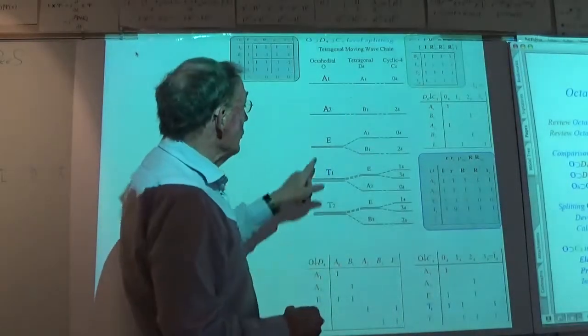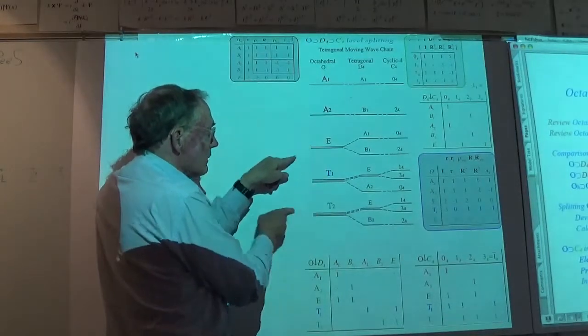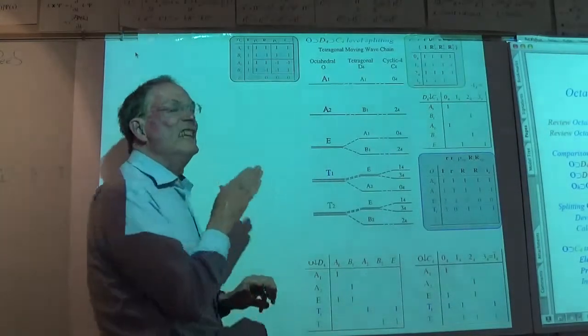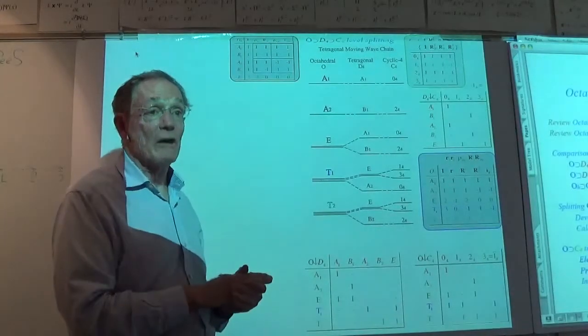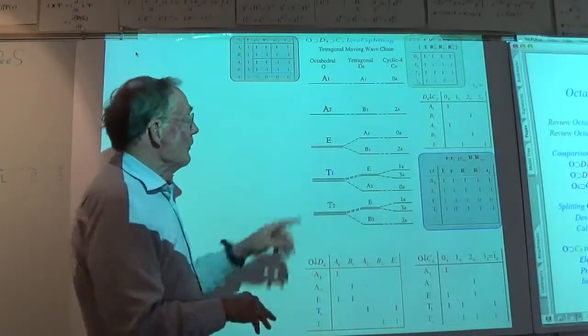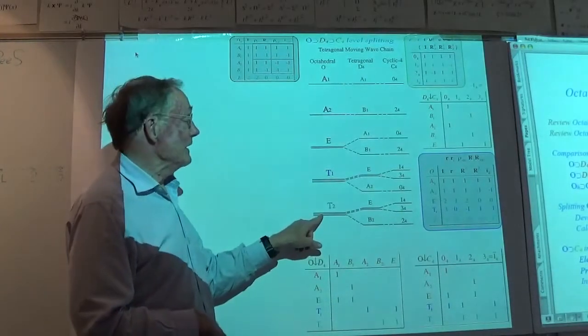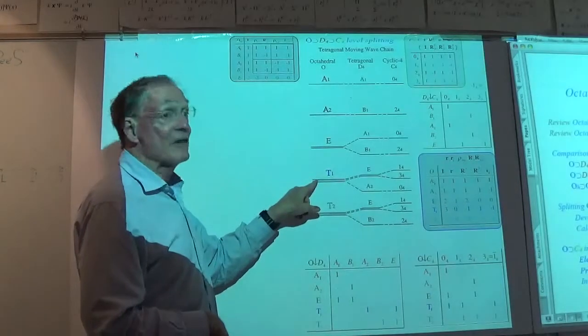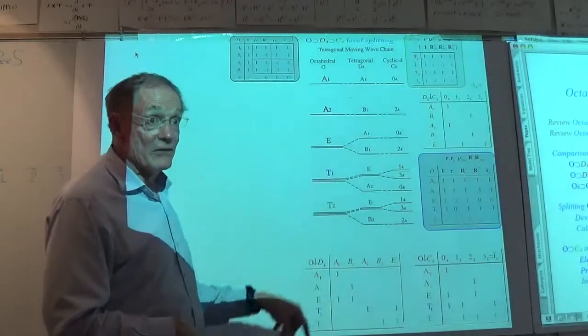Now, who's the E? Well, E and T2 go together to make the 5 D levels of an atom. Now, we're going to go through this later, but since you asked the question, this is a D, and that's also a D, the other half of it. Now this one, this triplet, that's the P. Does that make sense?